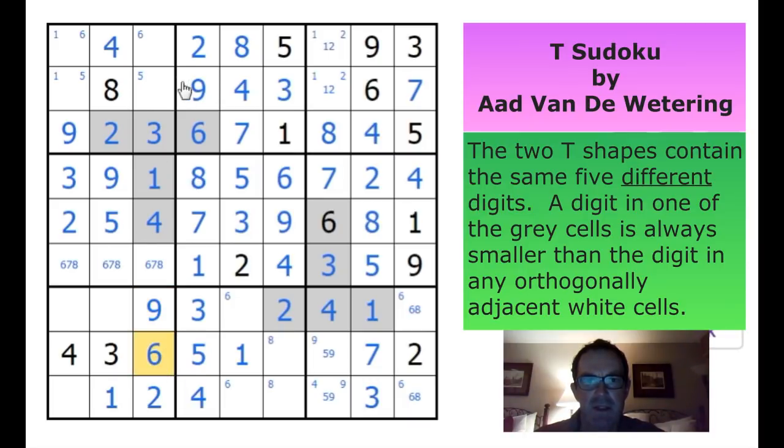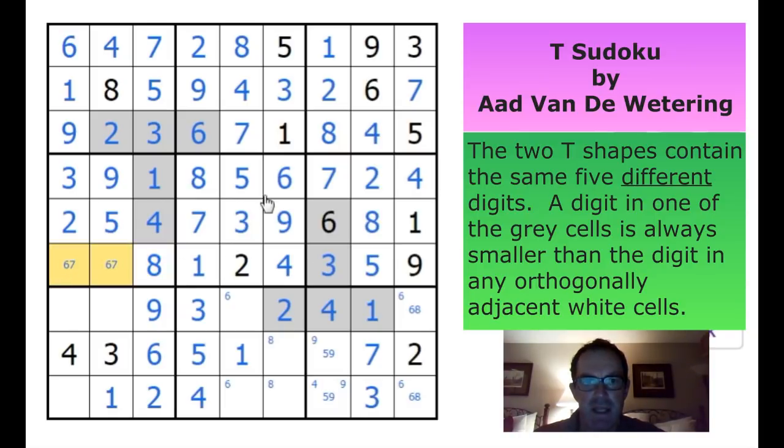Now this 6 sees that 6 at the top and rules it out. And that's going to allow us to place a lot of digits. A 6, a 1, a 5. That resolves the 1 and the 2 on the right hand side. And this one here has got to be a 7, I think. So this is an 8.